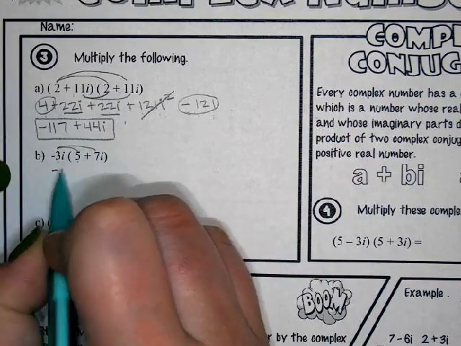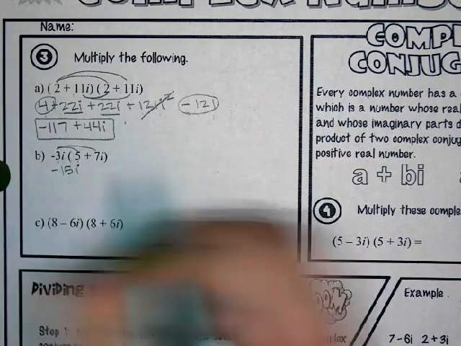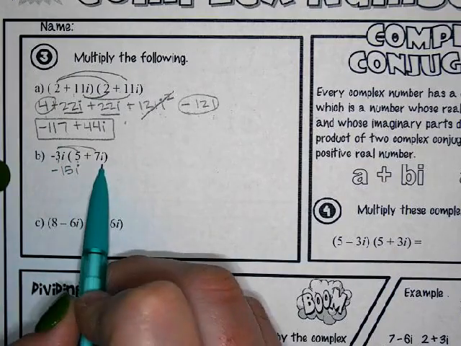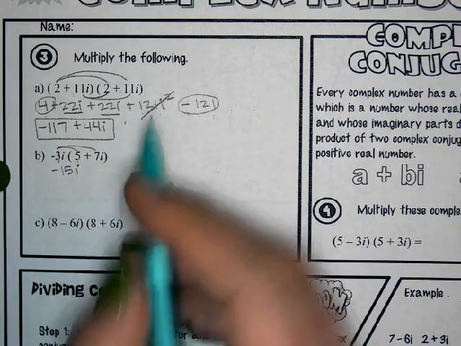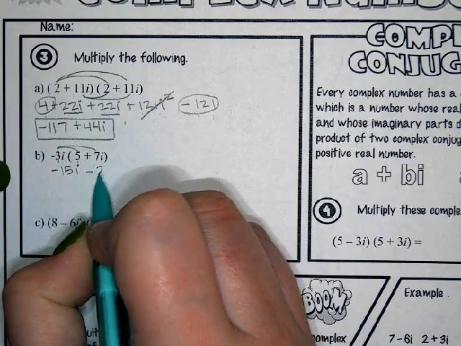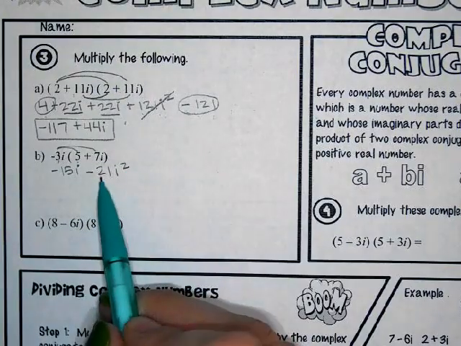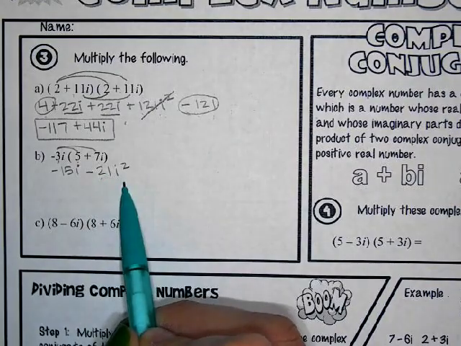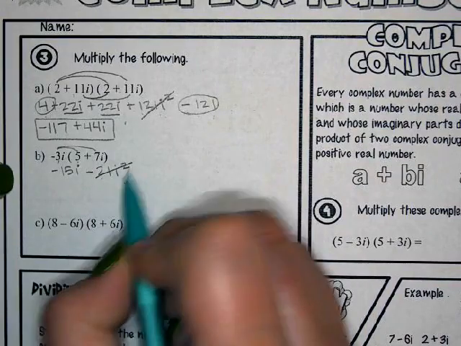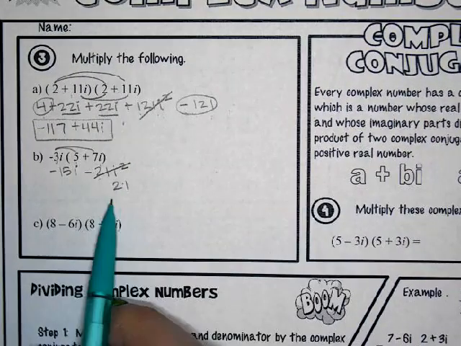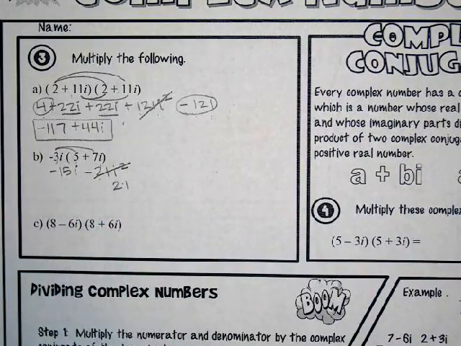Negative 3i multiplied by 7i is negative 21i squared, and a negative 21 multiplied by an i squared is just a positive 21. Now how do you have to fix this to write the answer correctly? 21 minus 15i.